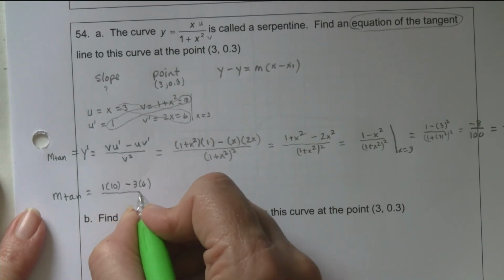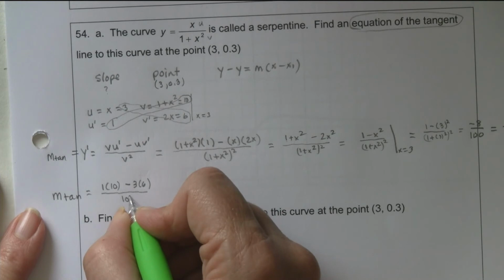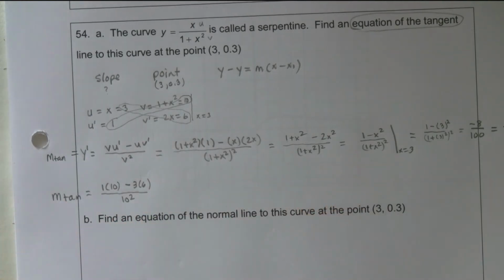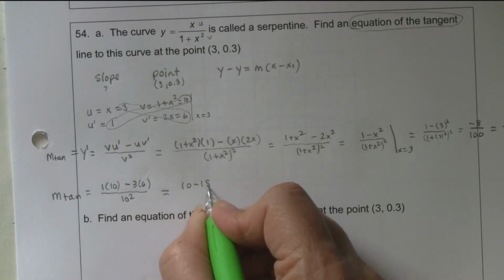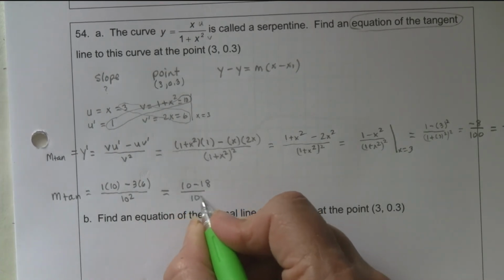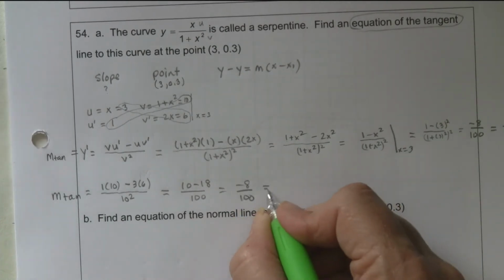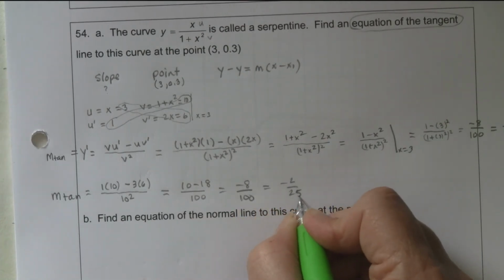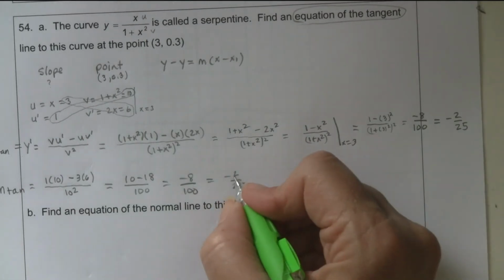I would usually do that in my head over 10 squared, which is 100, right? And so you can kind of see how I would go. This is normally what I would write, 10 minus 18 over 100, which is negative 8 over 100, which is certainly negative 2 over 25, the same thing that we got there. And so that's my approach to it.